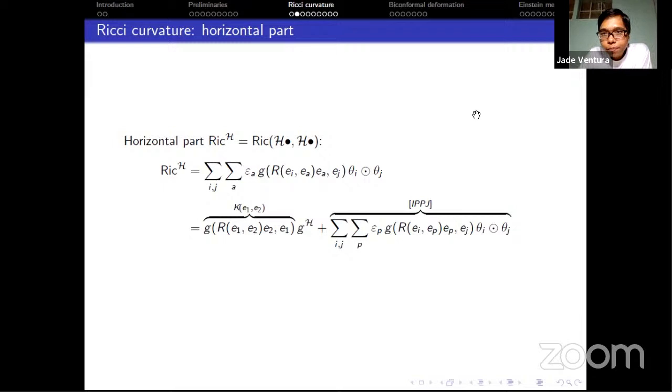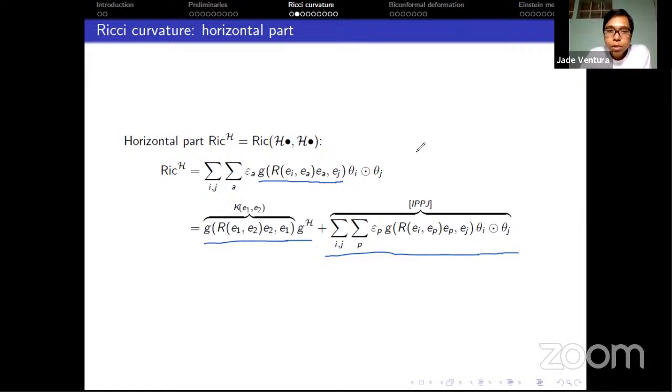So here, as I told you before, the Ricci curvature is defined in terms of the Riemannian curvature. And then this supersum here is a sum of two terms, which I denote by K(E1, E2) and the other one. This K(E1, E2) is actually just the sectional curvature of the horizontal distribution.